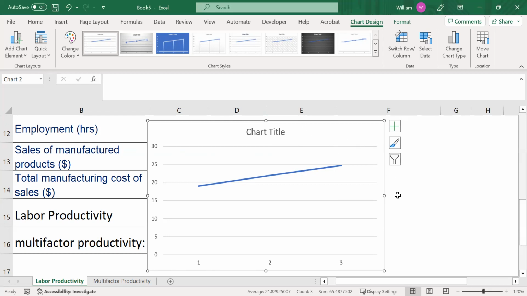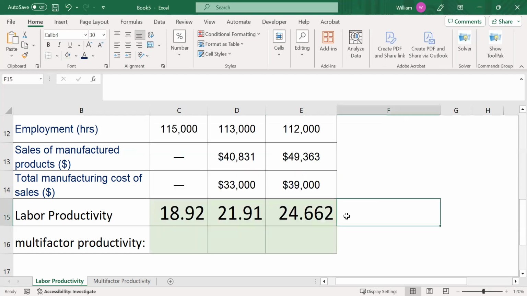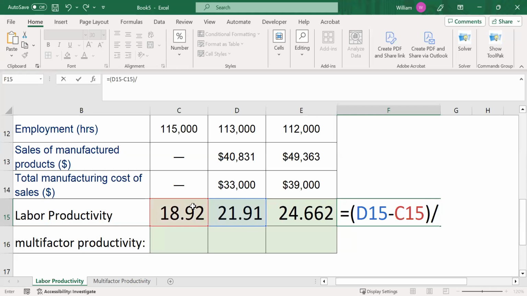This looks good. Okay, something else that I could do would be to see what's the year-on-year percentage growth. So from this first year to the second year, how much of an increase in productivity do we have as a percentage? And in this regard here, I would get the difference between 21.91 and 18.92 and divide it by 18.92, the initial year's labor productivity metric.